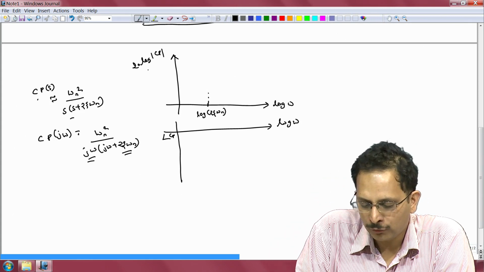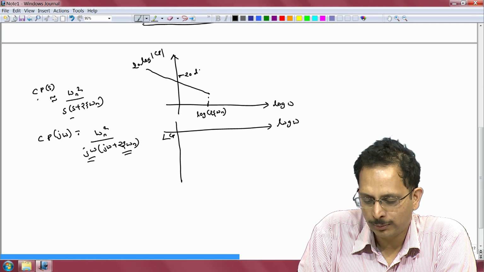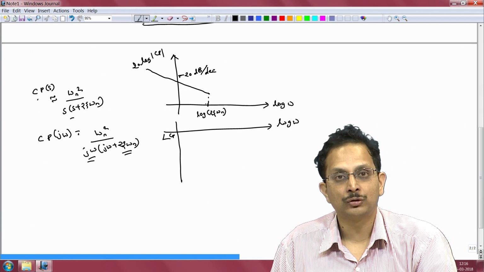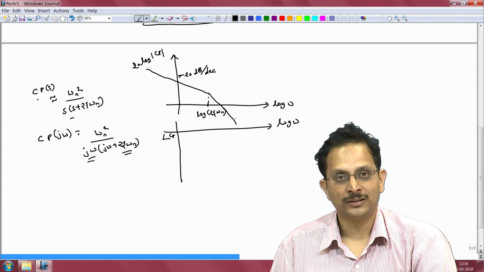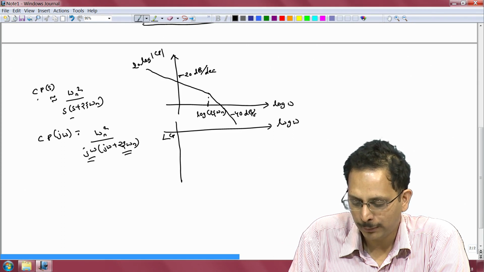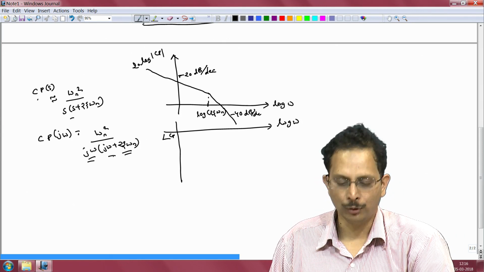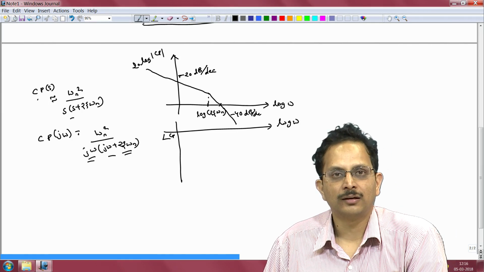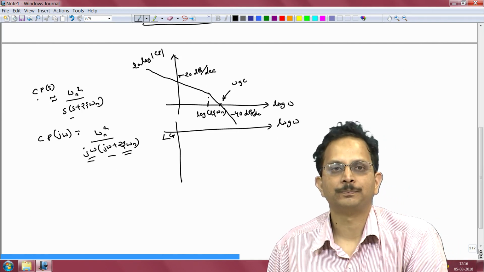So, our Bode plot would therefore have a decaying characteristic and the slope would be minus 20 decibels per decade up to the corner frequency 2 zeta omega n, after which the slope would increase in magnitude further, and it would reduce at minus 40 decibels per decade, because we would have another 20 decibels per decade contribution from this pole of the approximate open loop system. This would get the magnitude characteristic to cross over at some particular frequency omega gc.